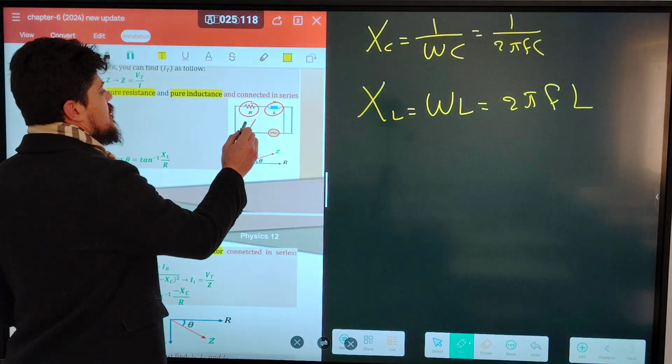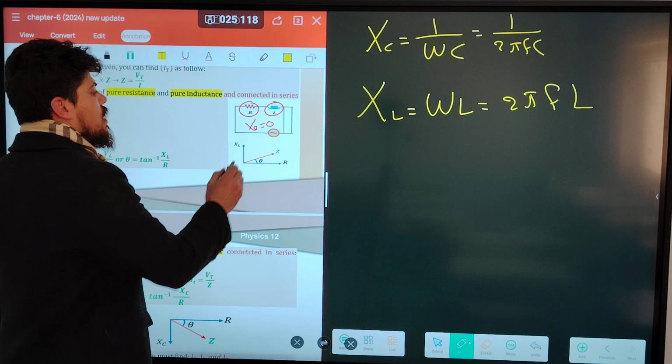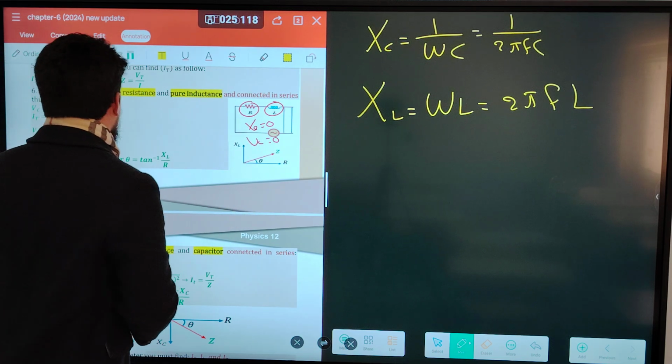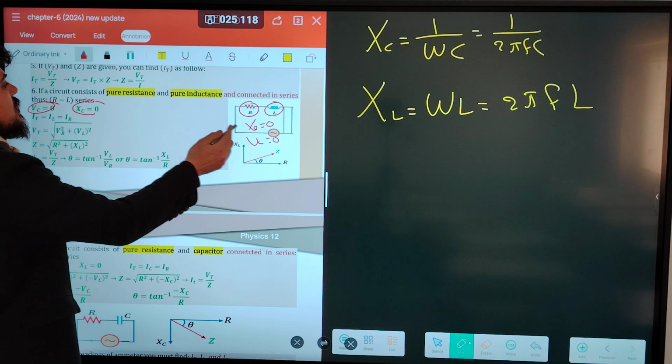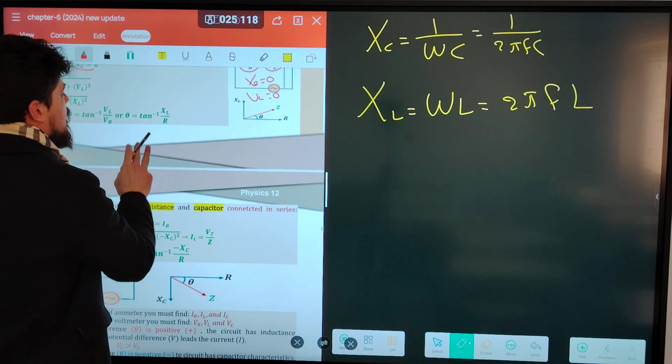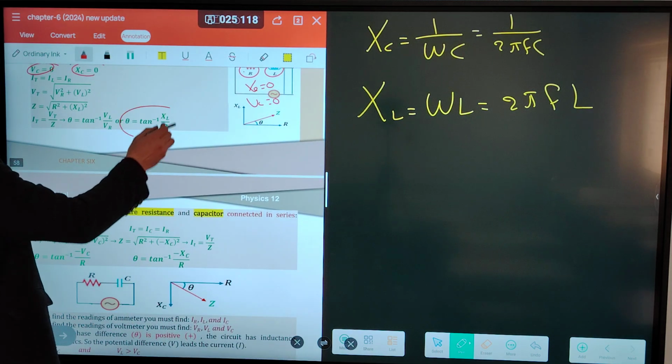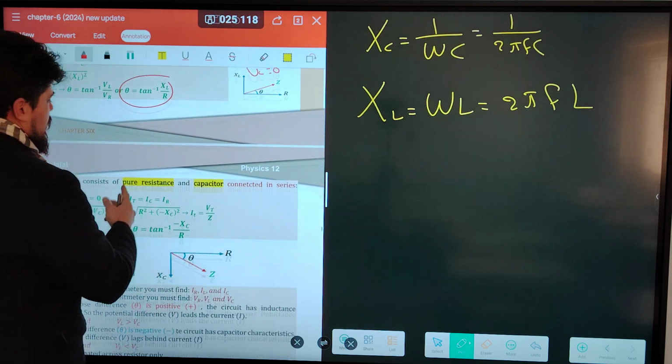Do we have XC here? No, XC is 0. Do we have VC? No, VC is 0. Remove all the XC and VC here. In this circuit we have only inductance and resistance. And the angle becomes what? XL over R or R over XL.